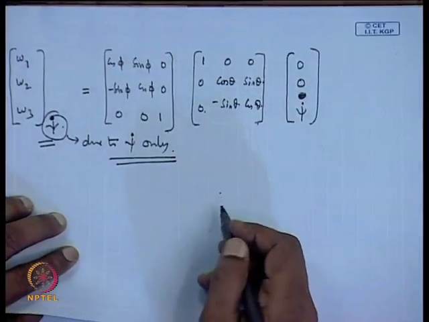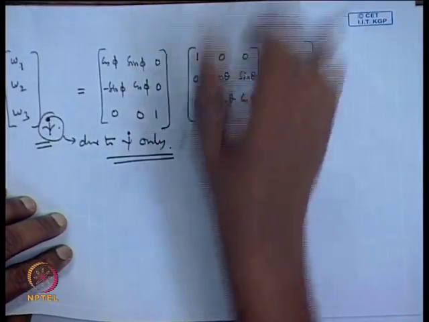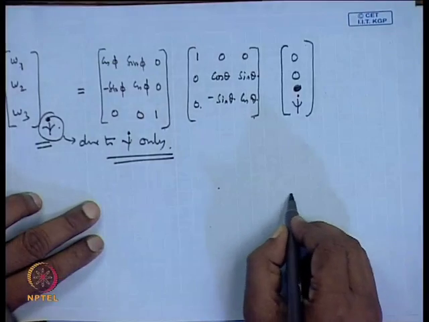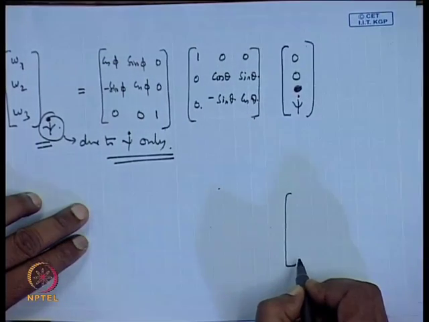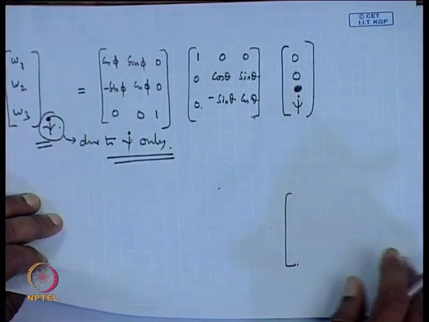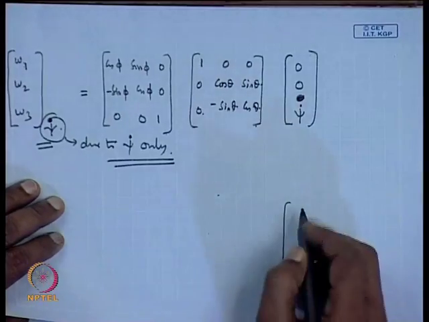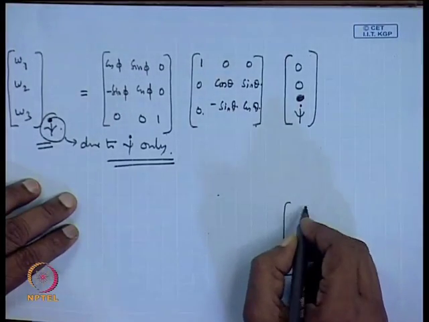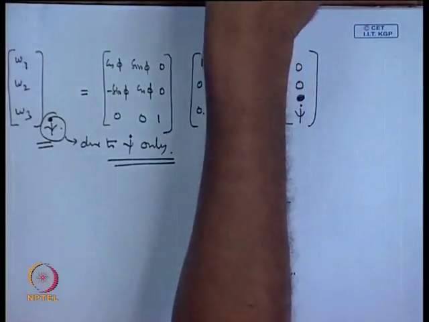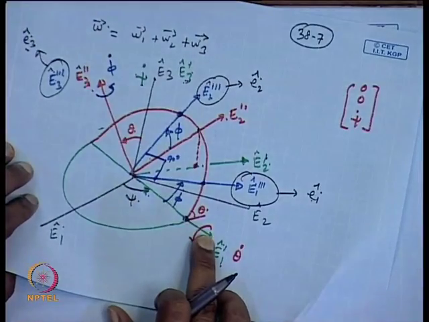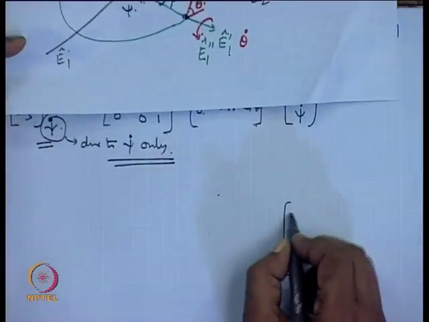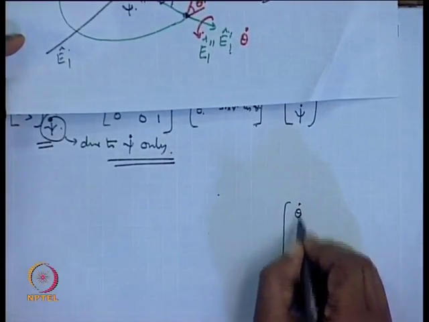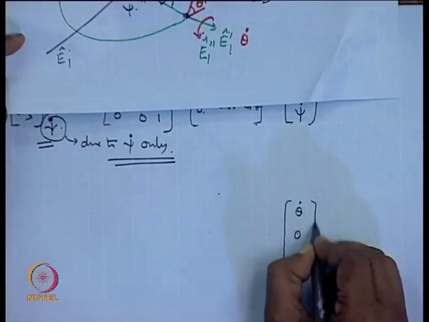Okay. Finally, the next one is our theta dot. So, theta dot we need to convert, and theta dot the rotation we are giving about the 1 x, we are rotating about this x. So, here we write theta dot 0 0.